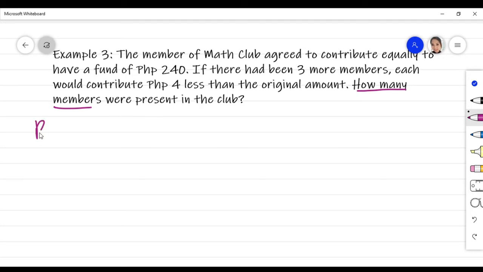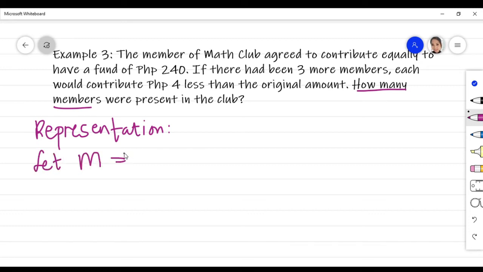So for our representation, we have to denote the number of members in the club in a variable. So let M be the number of members in the club.